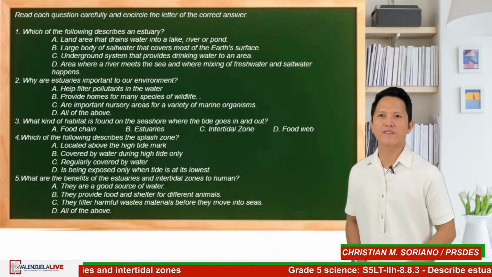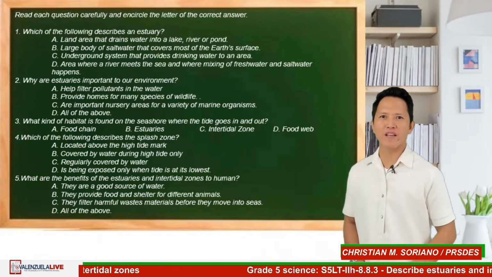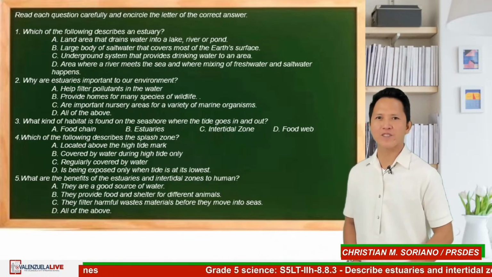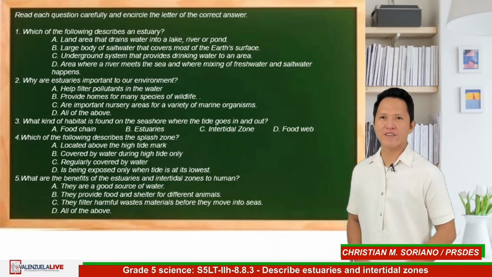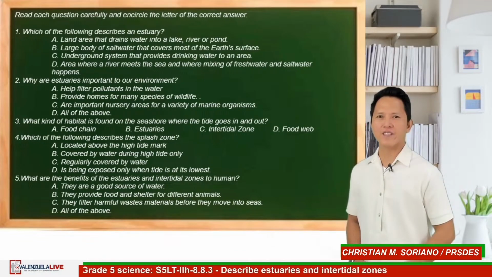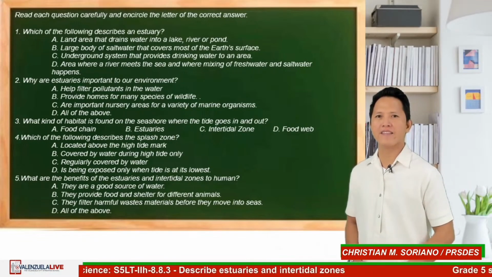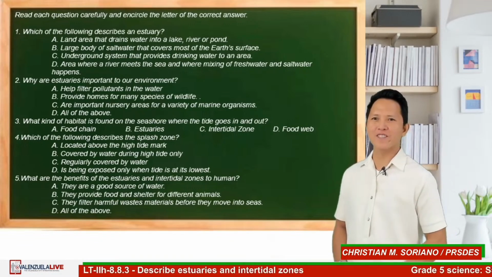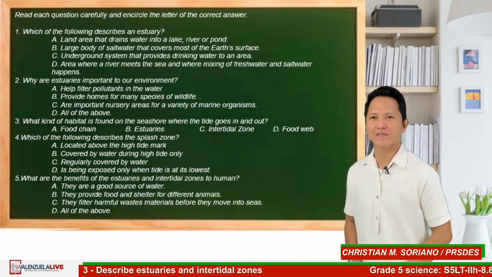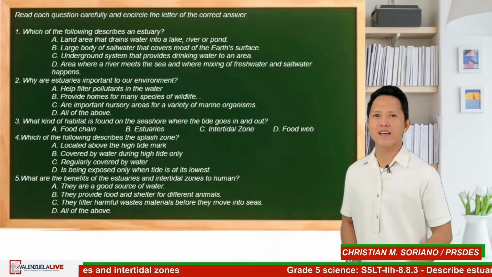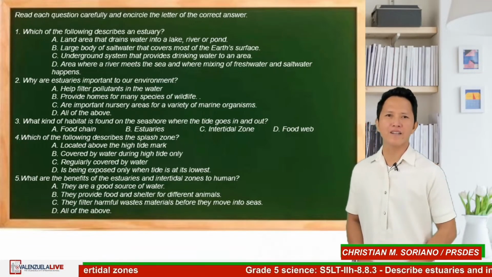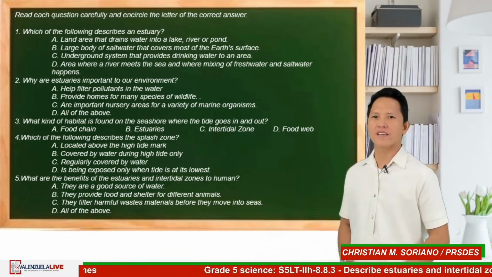Number four, which of the following describes the splash zone? Okay, the correct answer is letter A. It is located above the high tide mark. And for the last number, what are the benefits of the estuaries and intertidal zones to humans?